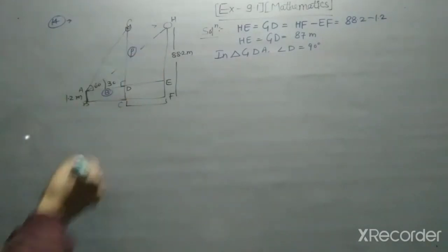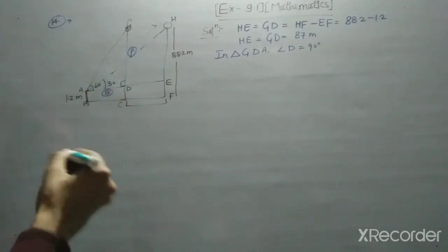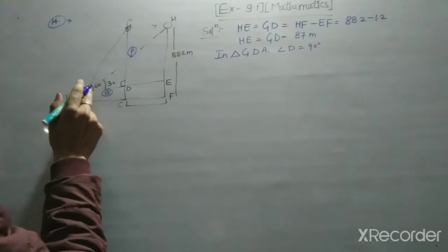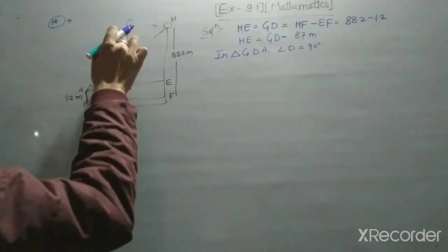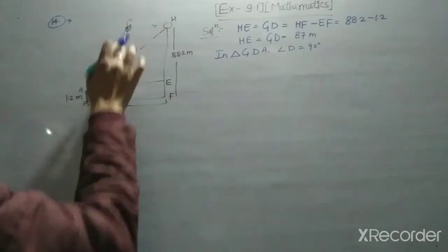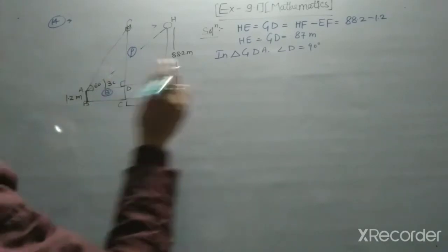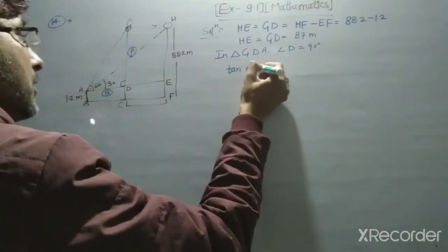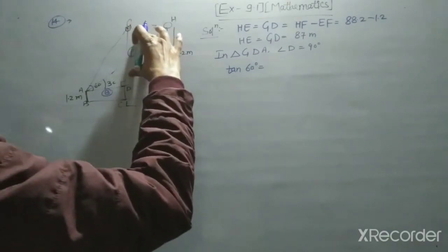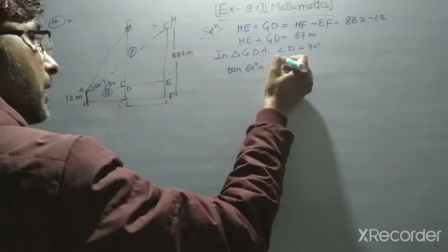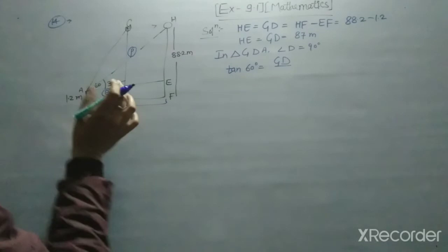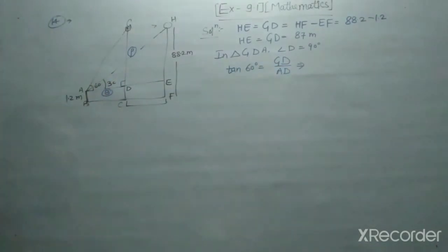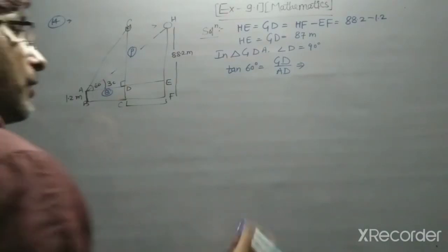And what is the relation between perpendicular upon base? This relation is tan theta. So here we use tan 60 because we have to use this triangle, and in this triangle the angle is 60. So tan 60 is equal to GD upon AD. And what is the value of tan 60? You very well know.